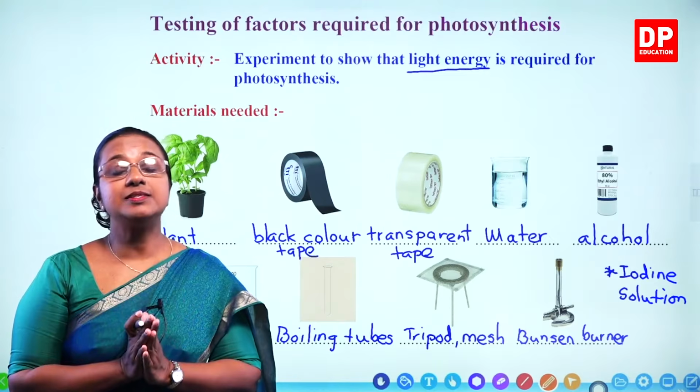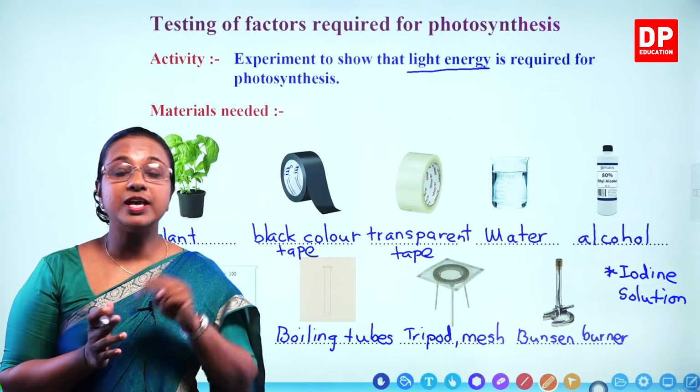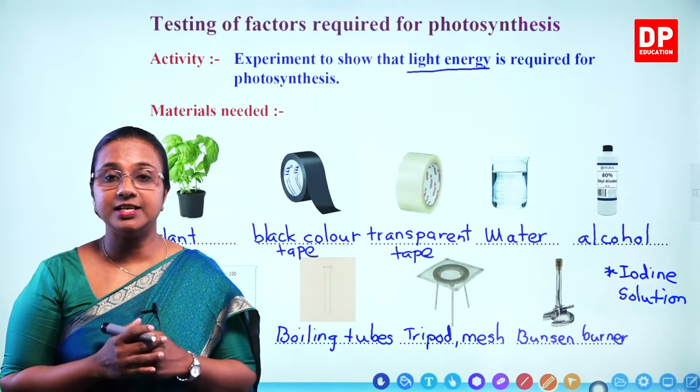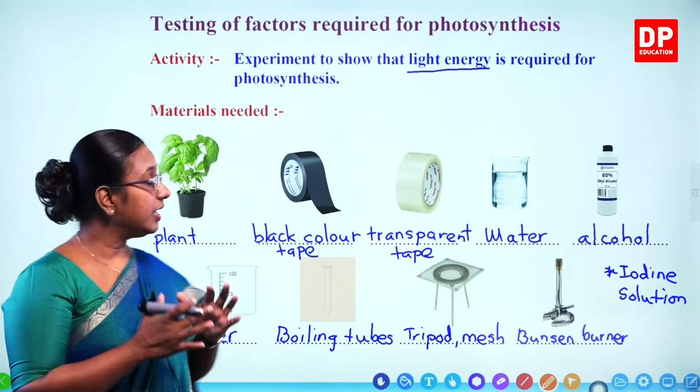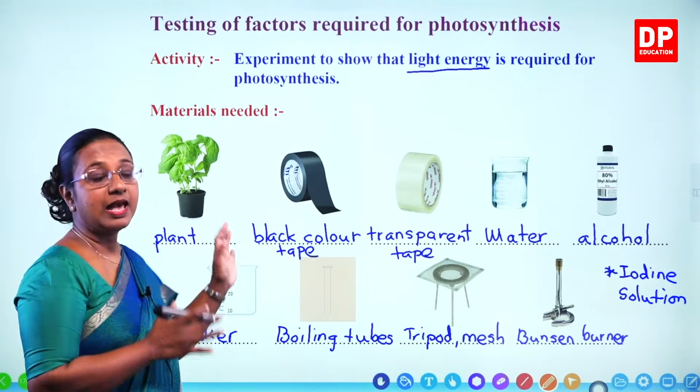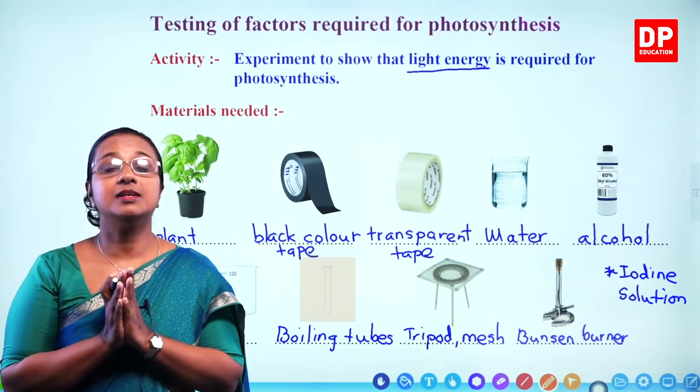So before we start the activity, actually 2 days before we start the activity, that is 48 hours before the activity, we need to take this potted plant and place it in the dark.